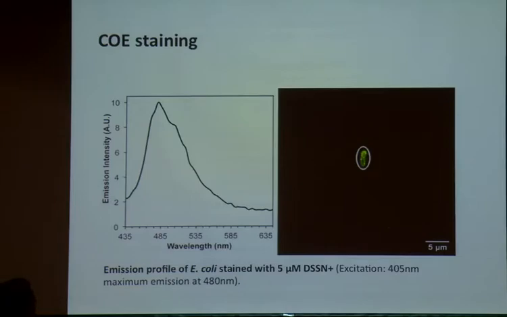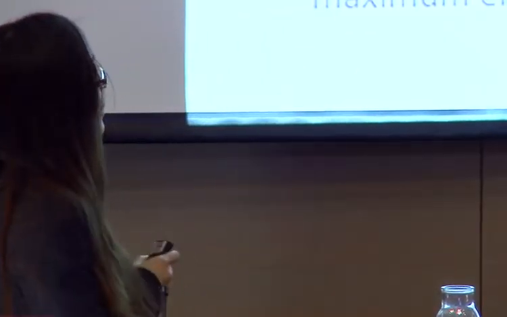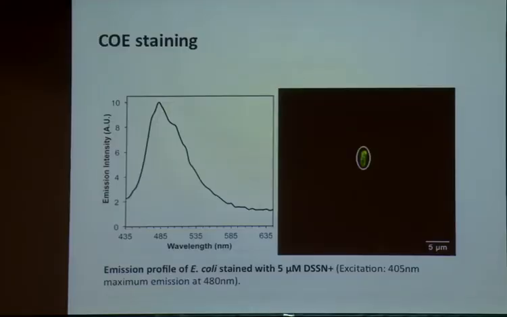And so when we observed the emission profile of COE stained E. coli, we found out it emits very strongly at 480 nanometer, which confirmed that the COE is aligned well in a lipid bilayer, which is the nonpolar environment.